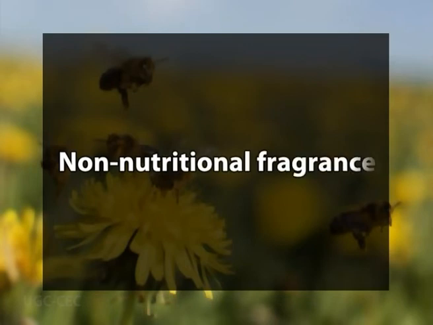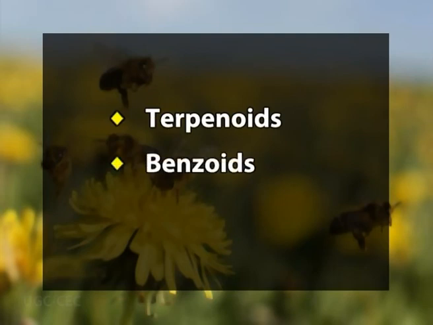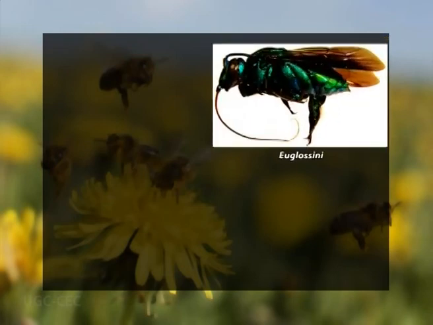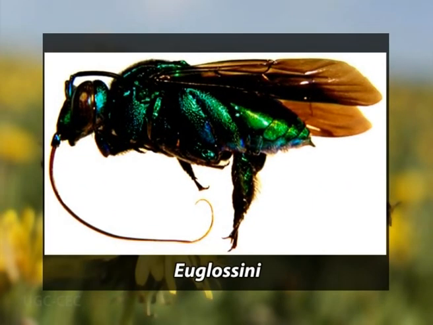Fragrance as a non-nutritional reward. The perfume flowers produce a typical liquid fragrance. It is a mixture of terpenoids, benzoids and hydrocarbons which attracts the male bees of euglossini that pollinate these flowers.